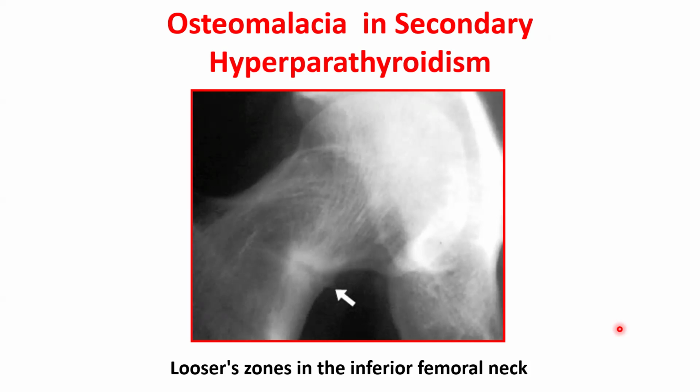This is a plain X-ray of the right hip joint. This is the head of the femur, the neck, the greater trochanter, the lesser trochanter, and the acetabulum. If you look closely at the neck, the arrow points at something that looks like a fissure fracture. But this is not a fissure fracture. This is the typical Looser's zone in the inferior femoral neck. This is typical for osteomalacia.